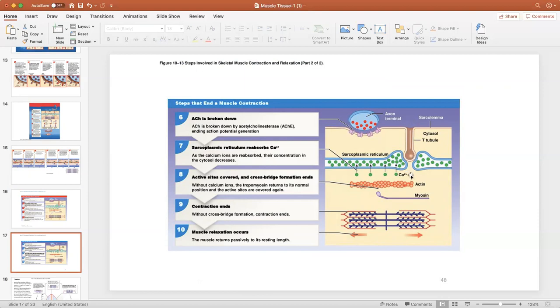So all the calcium then starts to go back into the sarcoplasmic reticulum, and since we don't have any calcium, the troponin causes the tropomyosin to rotate back over the active site and blocks the active site, and that causes a relaxation and release of the thin filament to slide back to a normal resting length of the sarcomere. So that's contraction and relaxation.